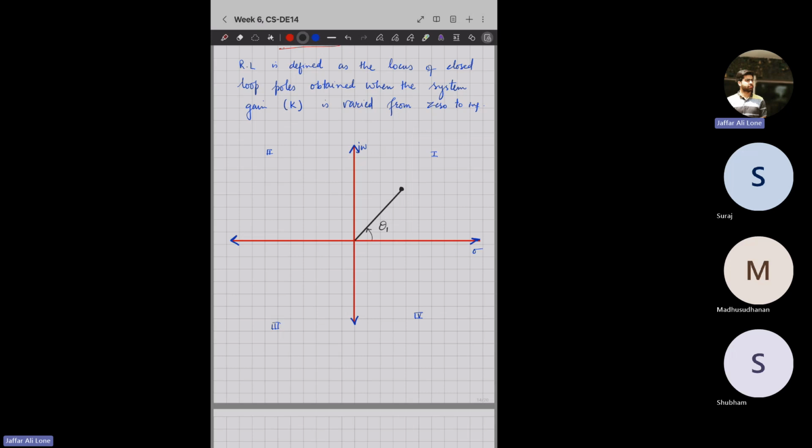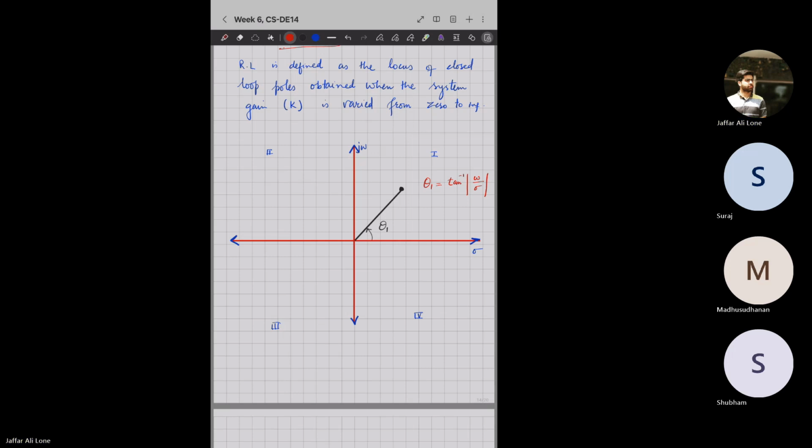I took it counterclockwise so that it is positive. In general, if the axes are x and iy, then theta 1 is tan inverse of y by x. Here, with sigma and omega, I can directly write tan inverse of omega by sigma for this angle.